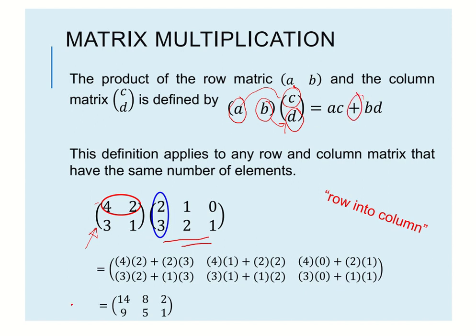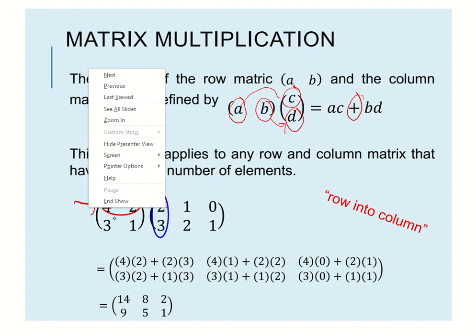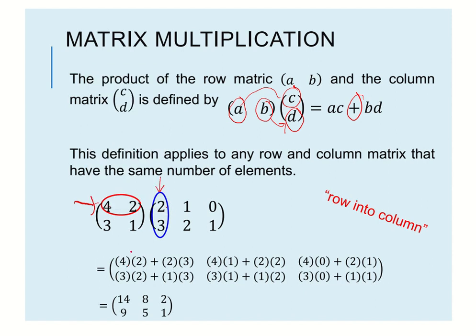Now let's take a look at the example here. When we multiply these two matrices, I'm going to start with the first row and the first column. First number multiplied by the first number, so we have 4 times 2 here.